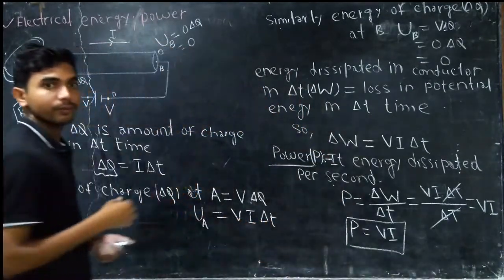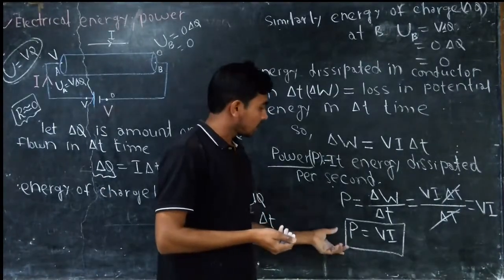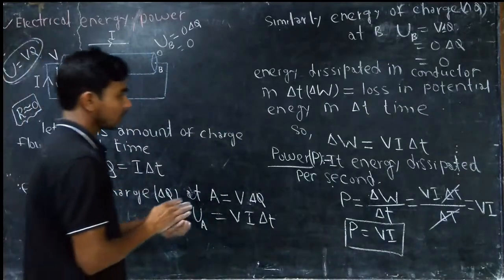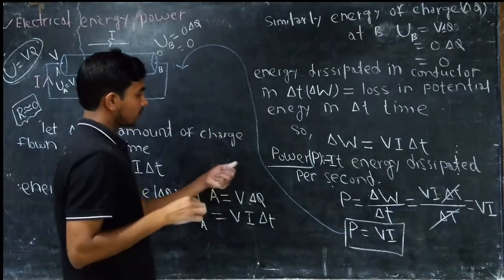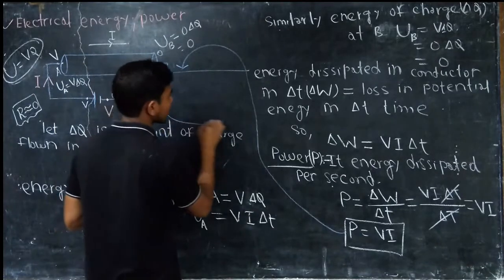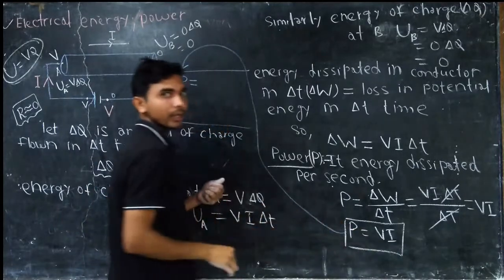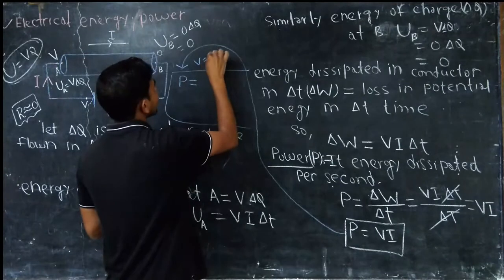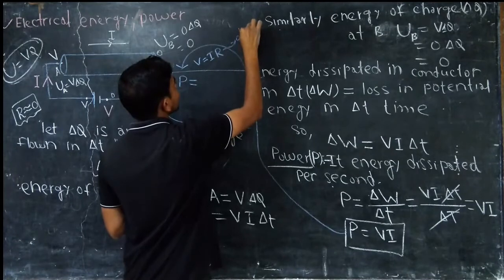So note it down. This is your power. Now we are going to write power in different forms. You know power is equal to V into I, and V is what? In Ohm's law you have studied V is equal to IR.